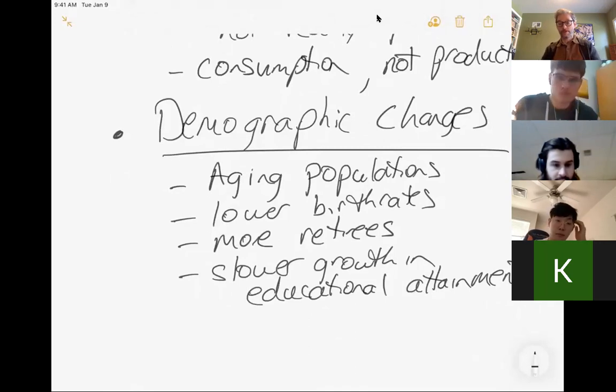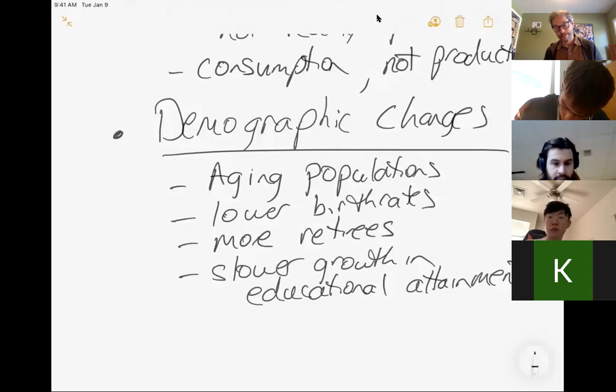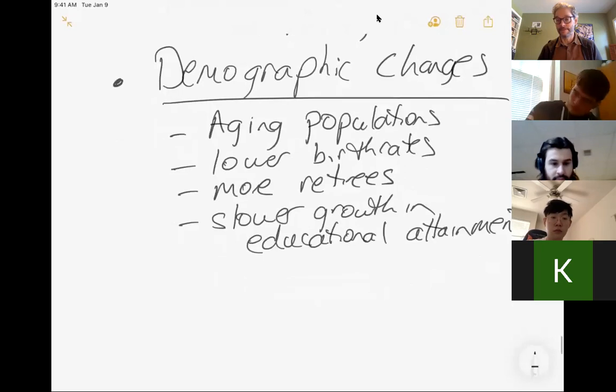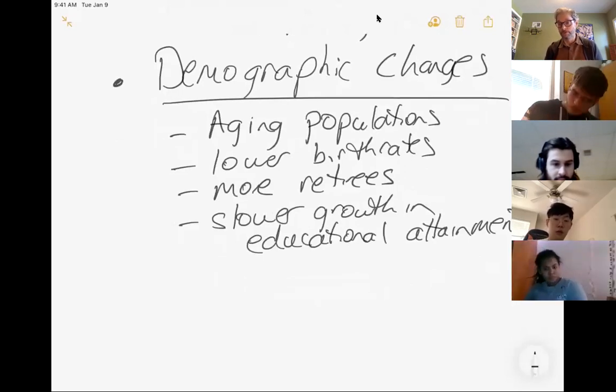This is one of the great saving graces of immigration: it slows these demographic changes relative to places like Japan, where they have a rapidly aging population. And there it's definitely creating a negative impact on their ability to increase productivity because they just have older and older people and fewer people working.